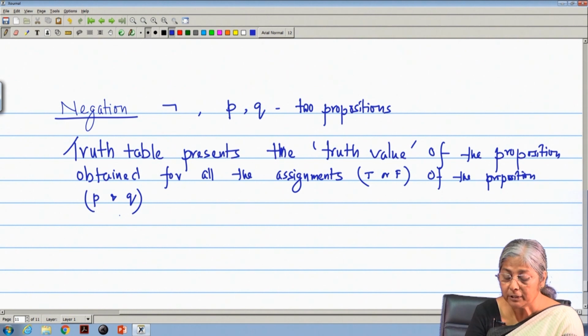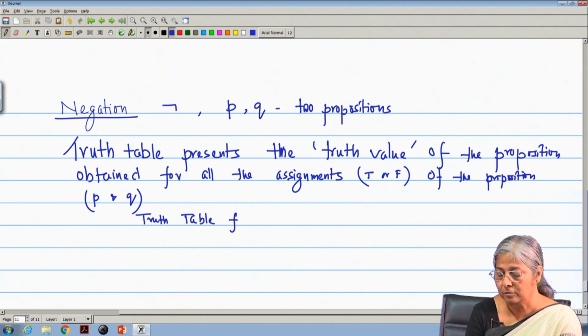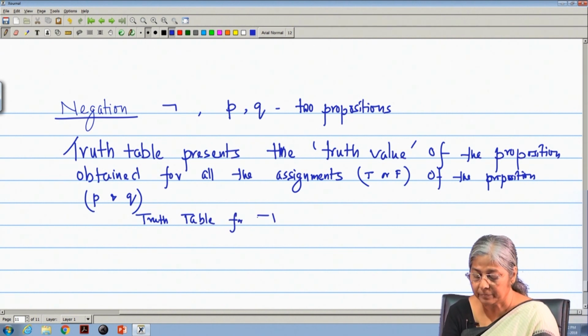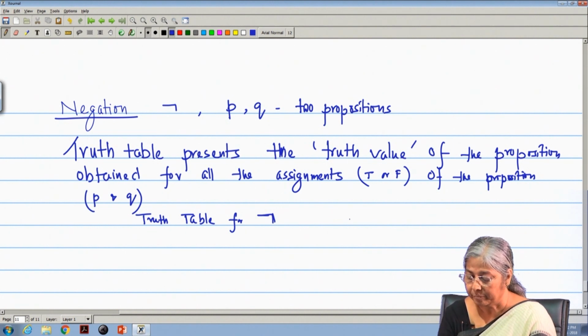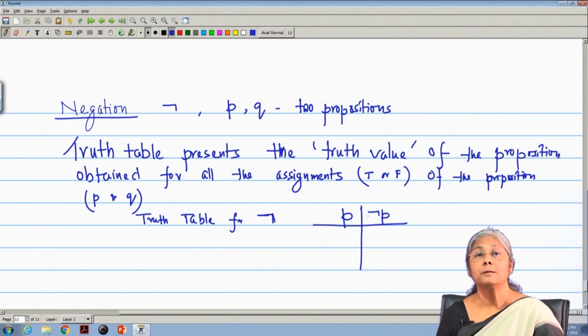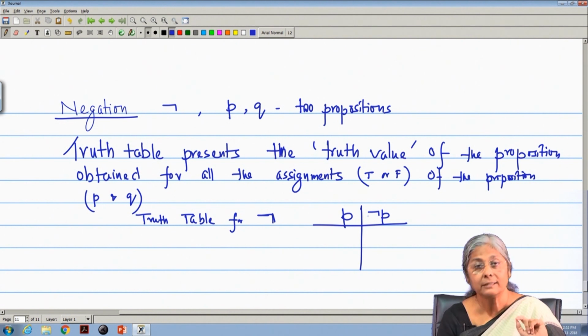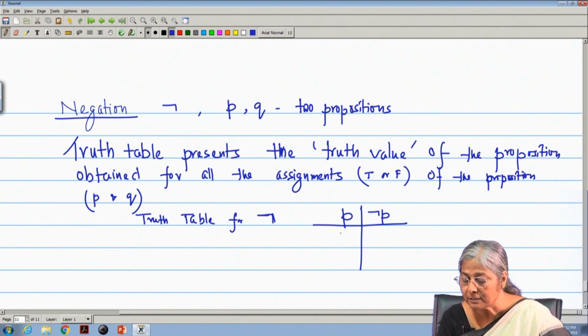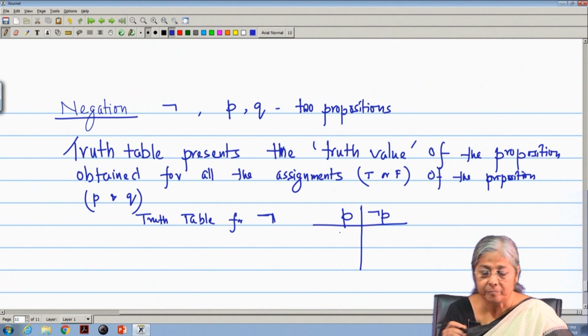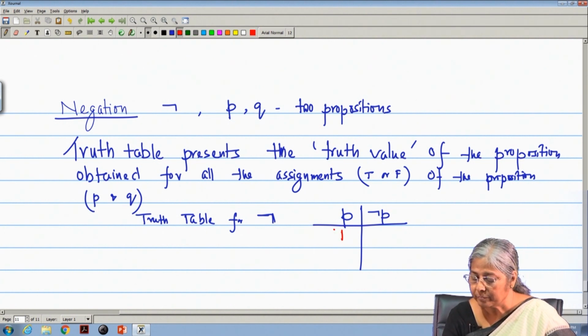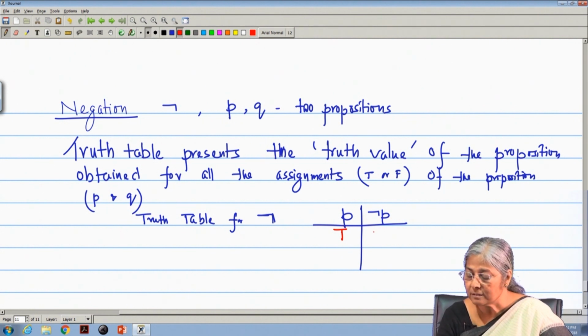So, truth table for negation. I can write P, negation P. P can take only two values, either true or false. So, for all the assignments, I write true, then negation P is false.